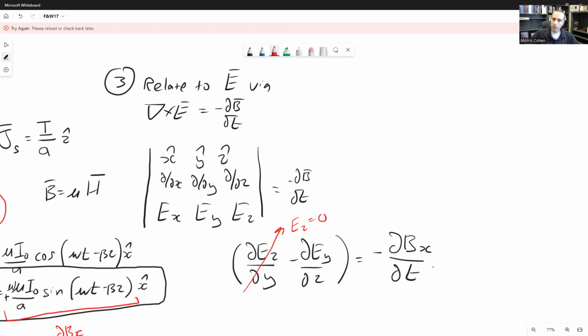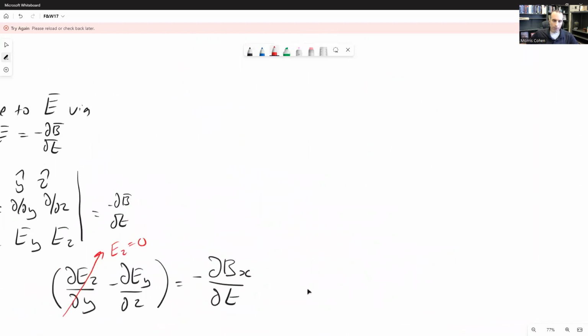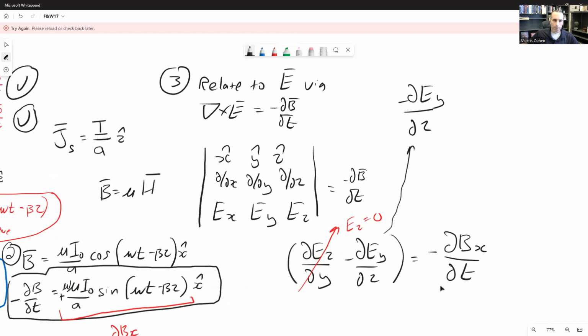All right? So let's expand this out. And from this, we can get that negative dEy/dz, bringing this up here, and let's substitute the full minus dBx/dt, which is over here.